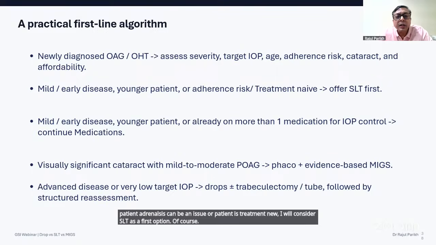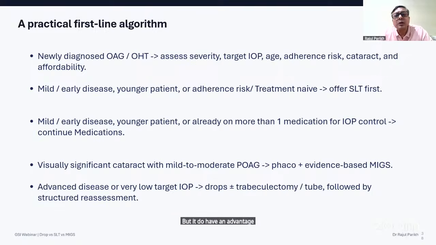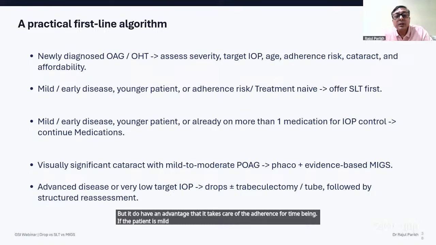Of course, if you do not have the SLT option available, please continue medical therapy. I am not against medicine, and it does have the advantage that it takes care of adherence for the time being. If the patient is mild, or already on more than one medication and our target IOP is achieved, then I would continue medication. I would not try SLT, though some people can consider it, and that also is an acceptable option.